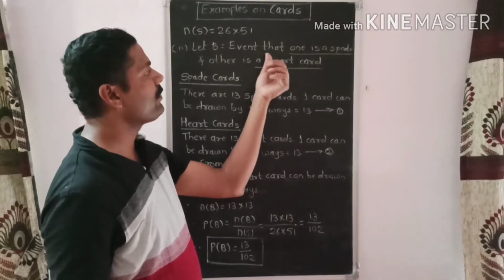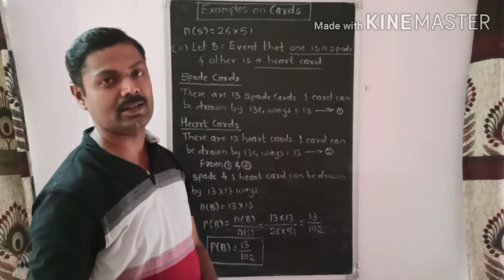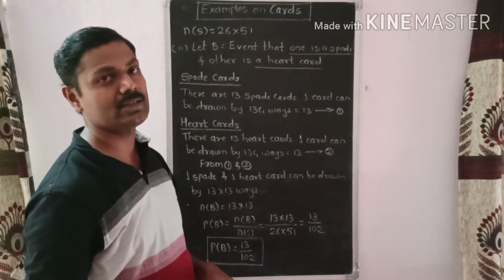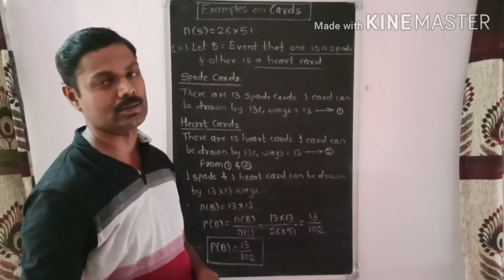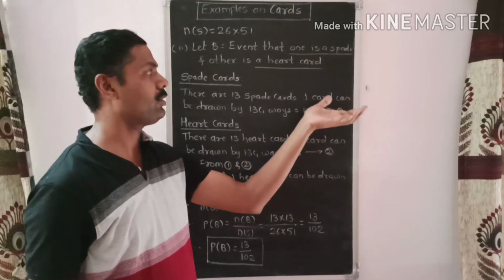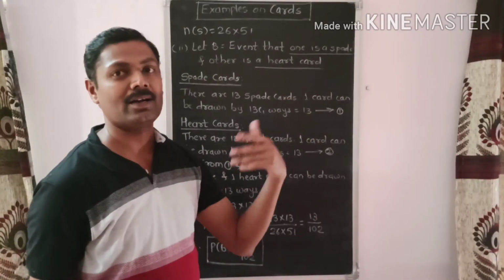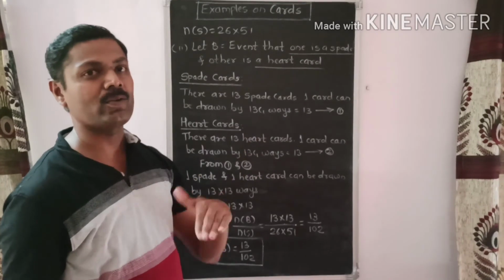Let B be the event that one is a spade card and the other is a heart card. In this case, these 2 cards are separate from each other. One card is from spade cards, and one card is from heart cards. So we have to do 2 different calculations.